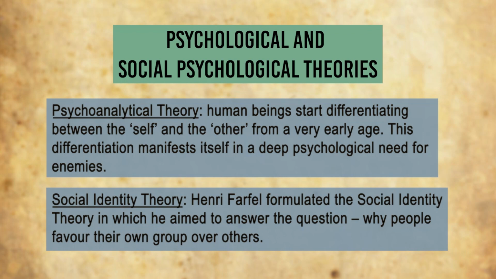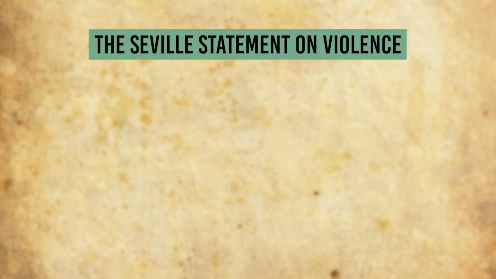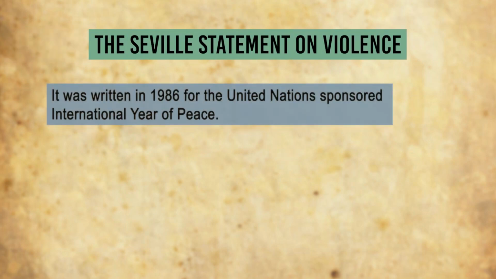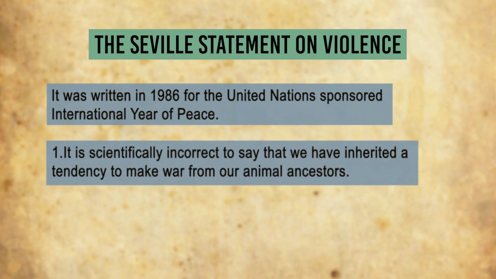over others. The Seville Statement on Violence was written in 1986 for the United Nations sponsored International Year of Peace. It led to five conclusions. Firstly, it is scientifically incorrect to say that we have inherited a tendency to make war from our animal ancestors.